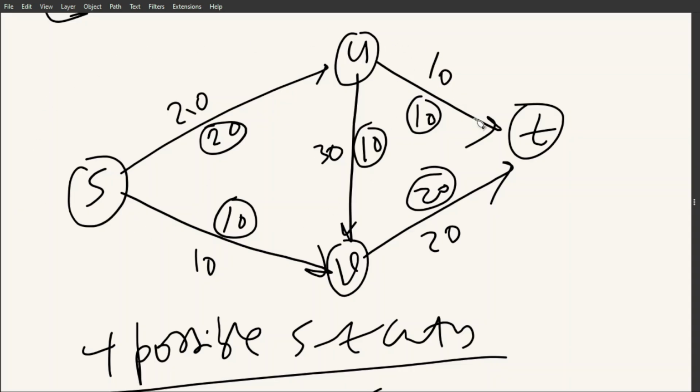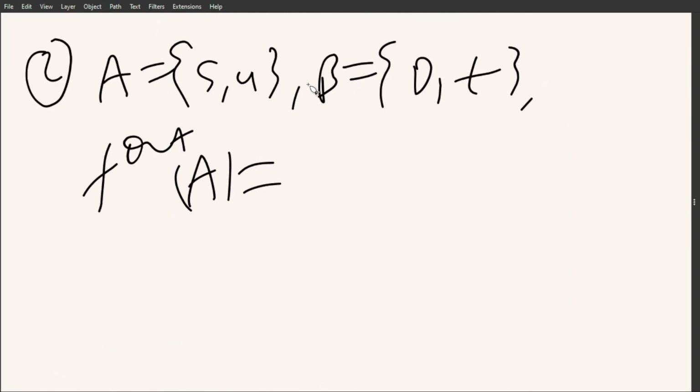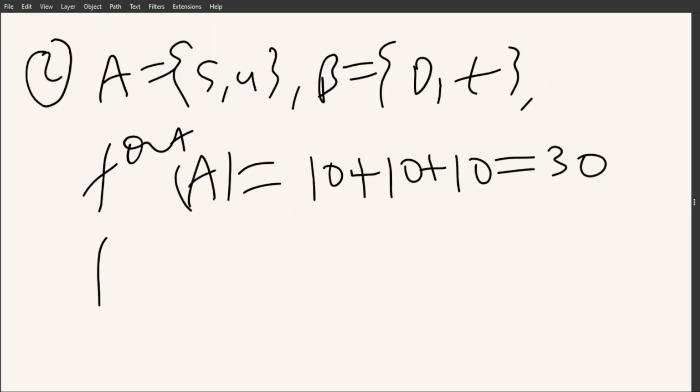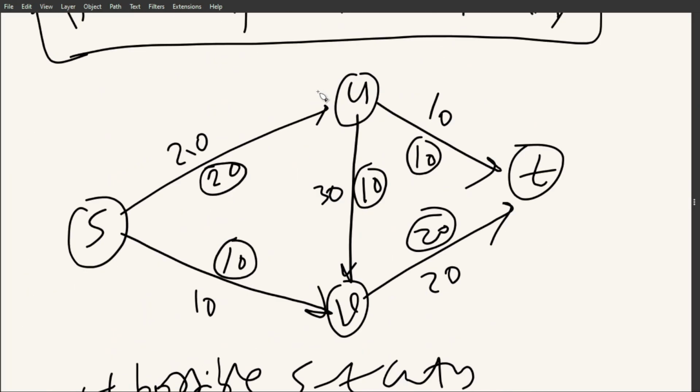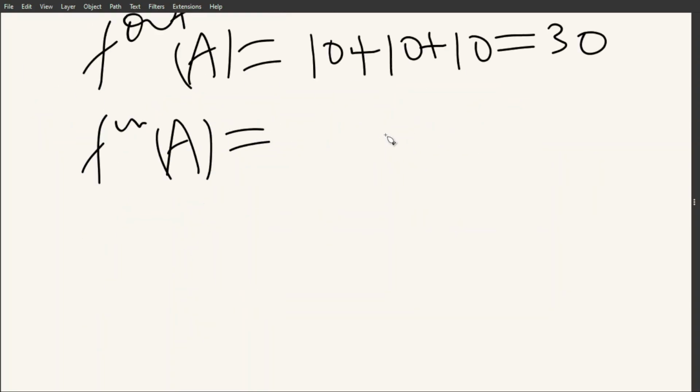We have 3 flows, 10, 10 and 10, so 10 plus 10 plus 10 is 30. Now flow in of A: there is no flow in, so it is 0. So here also the difference is 30.